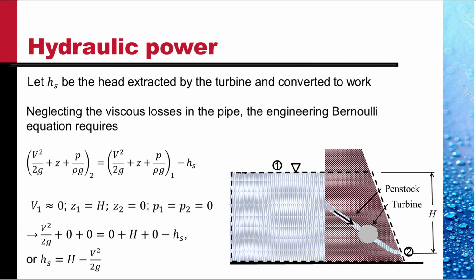So we get head extracted is equal to capital H minus V²/2g. This we could have seen directly. From the total head H available in the reservoir, we extract all of it in the turbine except for the head of kinetic energy that the water emerges with at point 2.